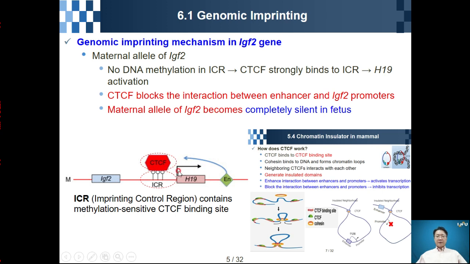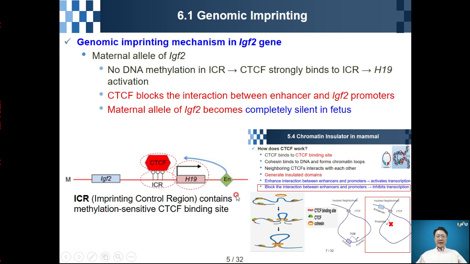However, this CTCF binding in the ICR region blocks the interaction between the enhancer and the IGF2 promoter. In chapter 5, we learned that one of CTCF's functions is to block the interaction between the enhancer and promoter, so usually it inhibits transcription.